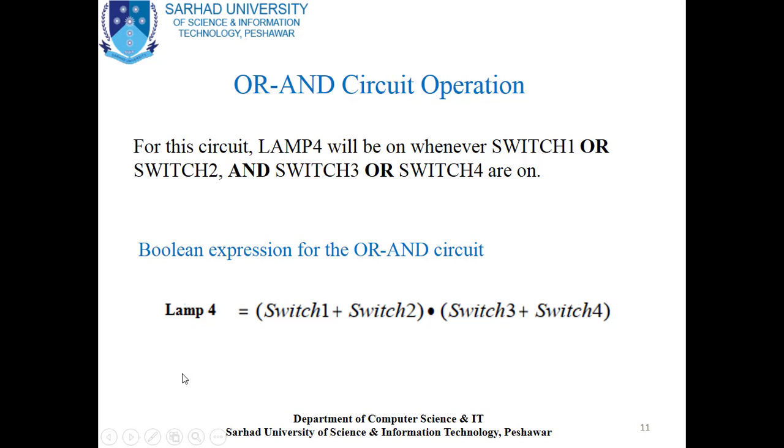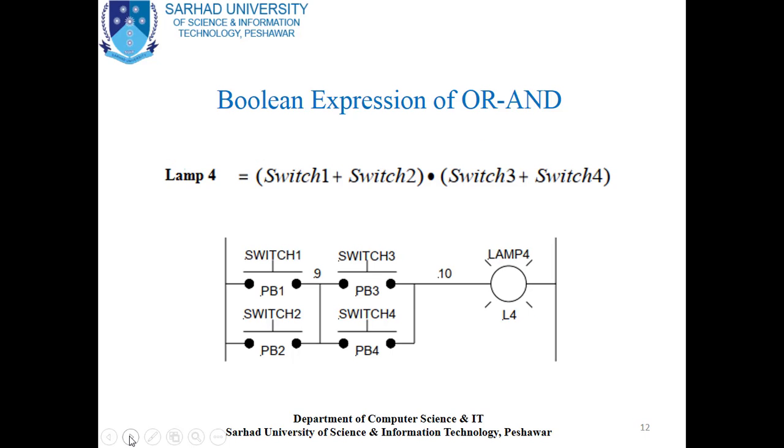Switching to the next slide. Here you can see the ladder diagram of the Boolean expression of OR AND logic. This Boolean expression has been converted into the ladder diagram.